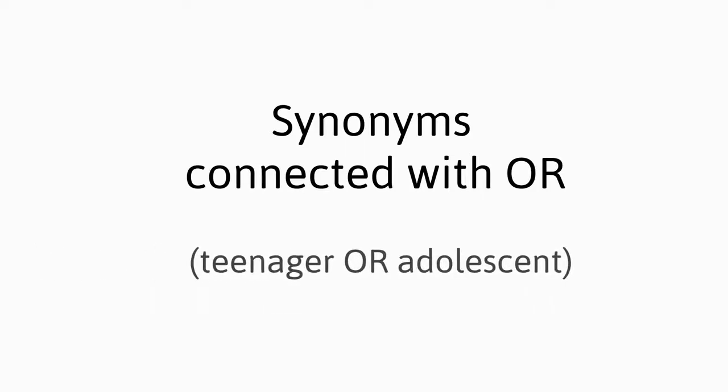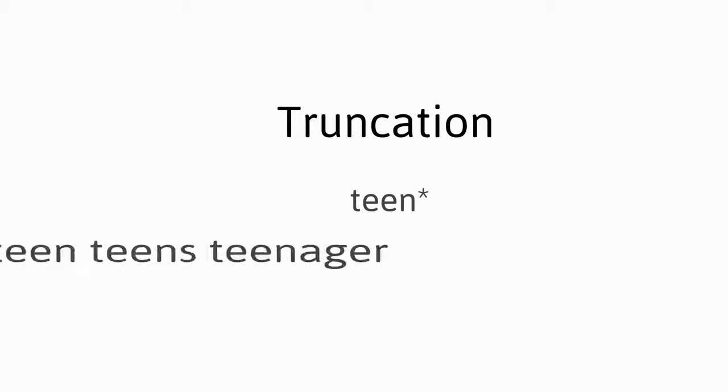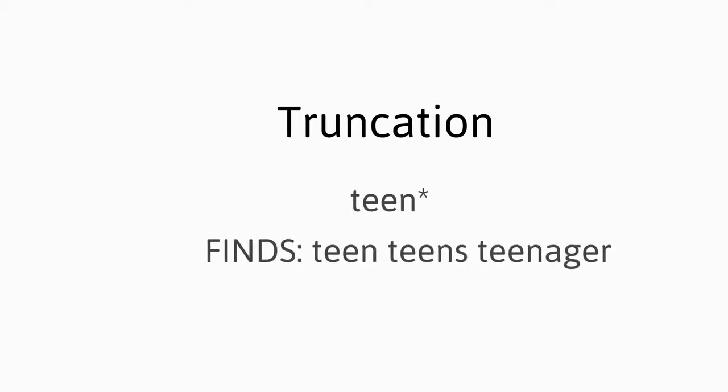Use synonyms connected by the word or. Synonyms can really expand your search and bring back more diverse results. Using phrases, which combines 2 or more words surrounded by quotation marks. Truncation allows the root of the word to be found with multiple endings, and this can also expand your search.